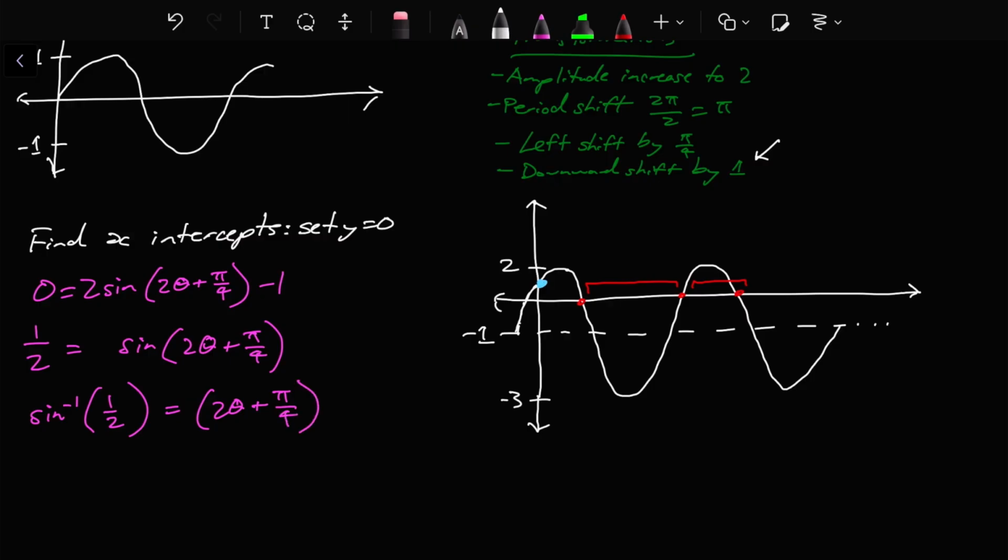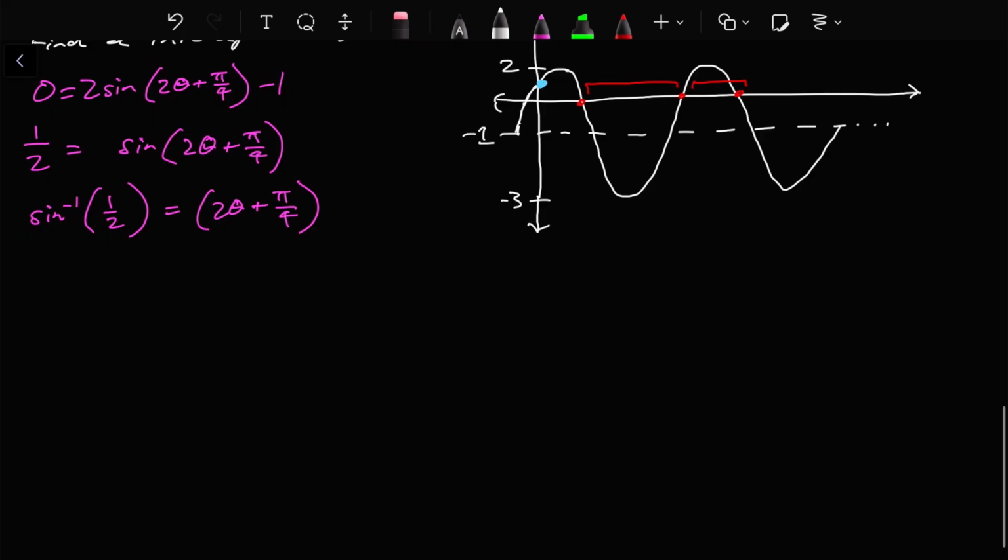And now we can draw an exact value triangle, right? And we can say what angles give us a sine value of positive a half. Again, we play on easy mode and usually we'll give you one which has one of these exact value triangles. So it's going to be this one, okay?